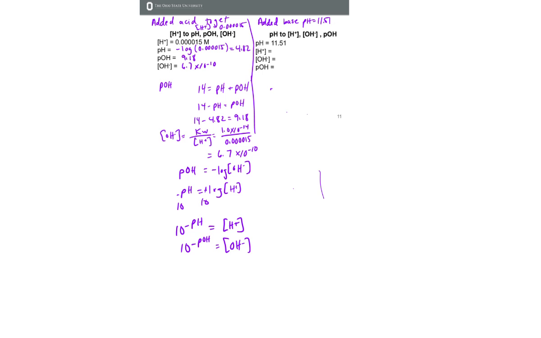So what you're finding is that if you do 10 to the minus 9.18, you get a different value than if you do KW over H plus. How different are they? What did you get where 10 to the minus pOH? 6.6 times 10 to the minus 10.